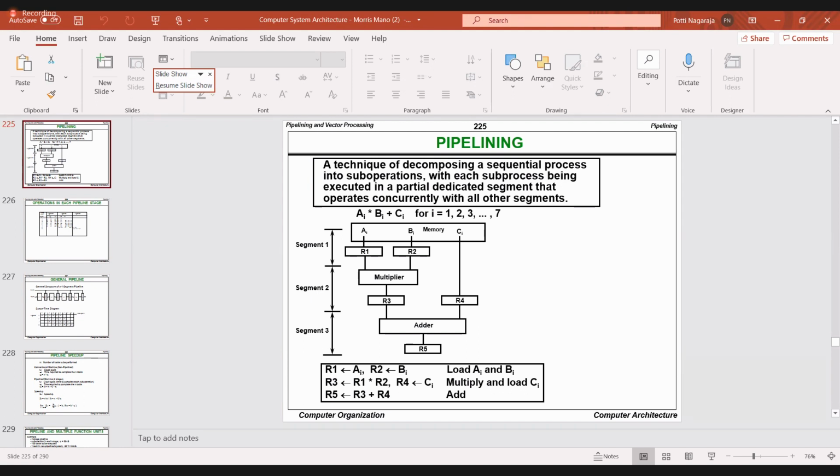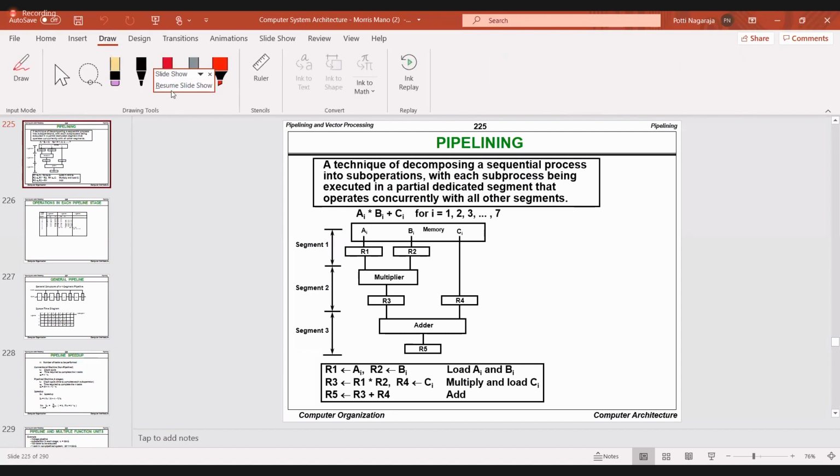Now, what is the example present here? Ai into Bi plus Ci, where i equals 1, 2, 3 up to 7.